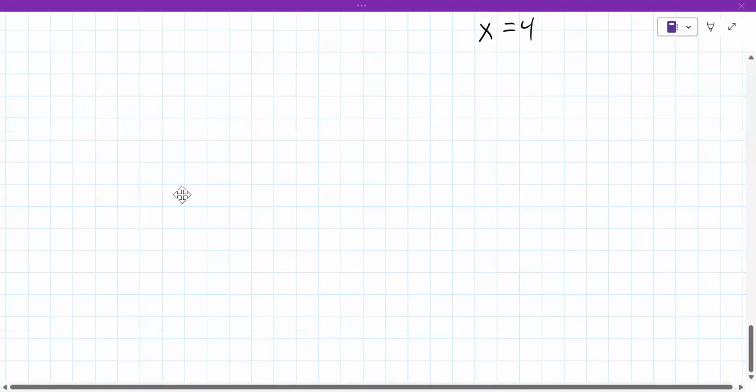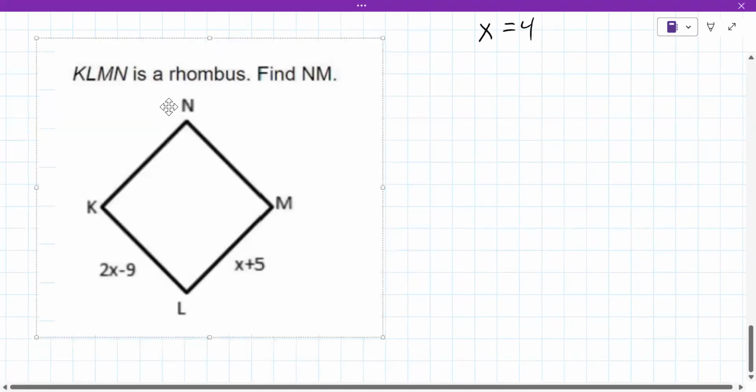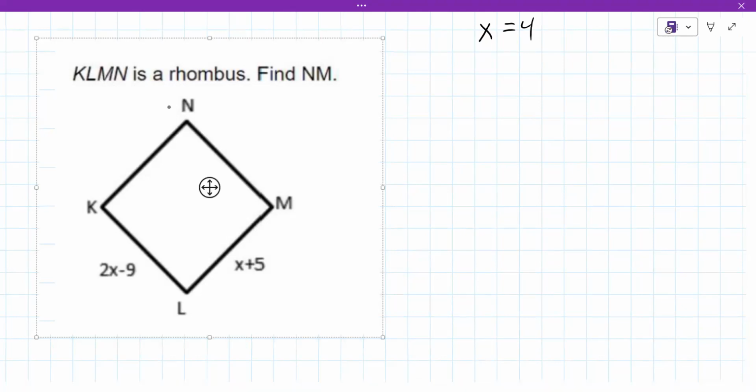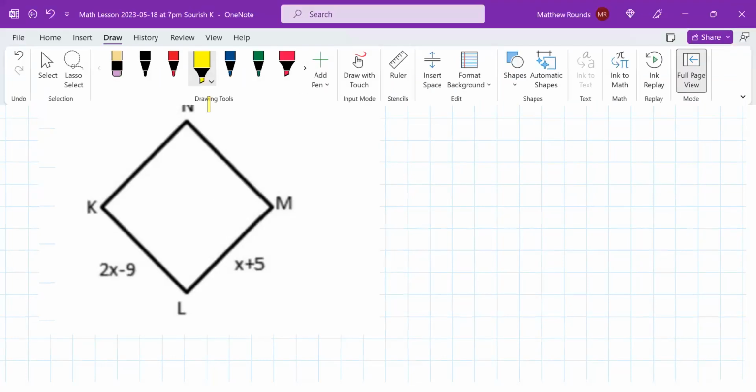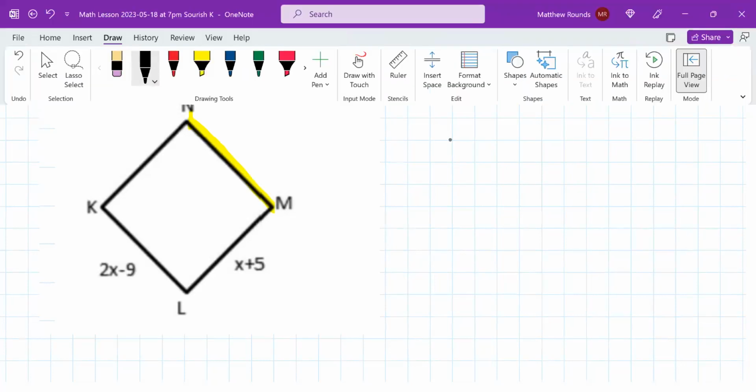Okay, so here is another problem. KLMN is a rhombus. Find NM. So they want you to determine NM, and NM is right here. What do you know about all the sides in the rhombus?